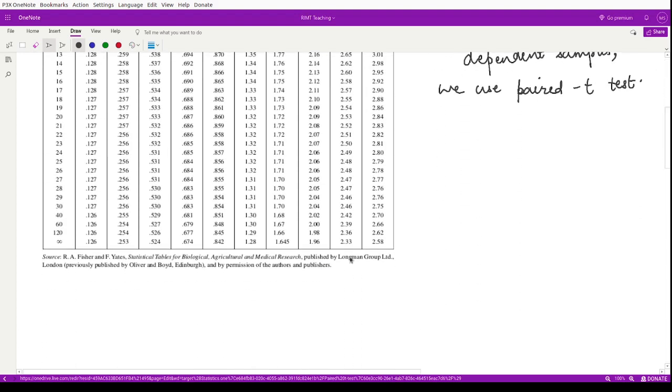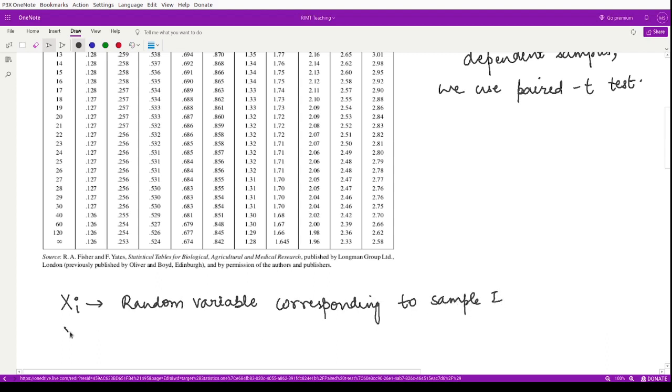Suppose for the first sample the data points are given by xi, so this is the random variable corresponding to the first sample, and then we have another set of data points given by yi. That would be the random variable corresponding to sample number 2.